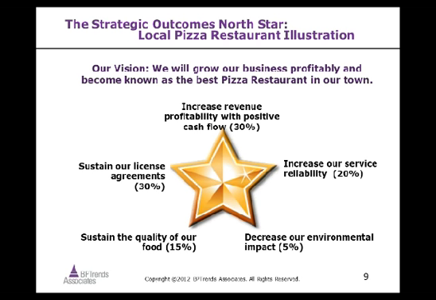Well, the reason in this particular illustration that one is 30 and one is 5 is this organization doesn't have great cash flow, and if it doesn't have good cash flow, then it will not be able to afford to decrease the environmental impact. So we have to sort of balance these things, and this is always a very difficult discussion with the top executives of the organization.